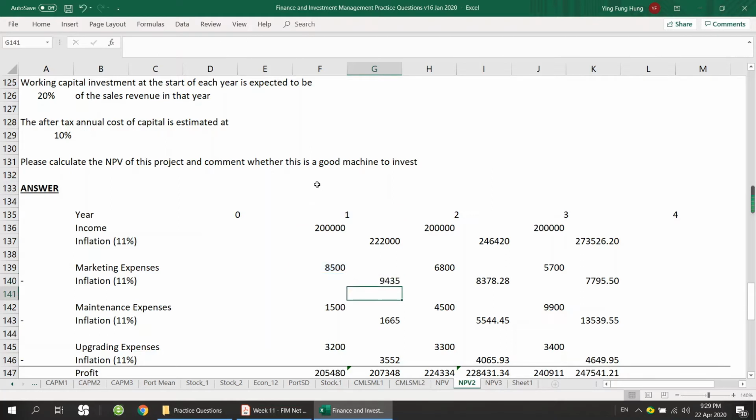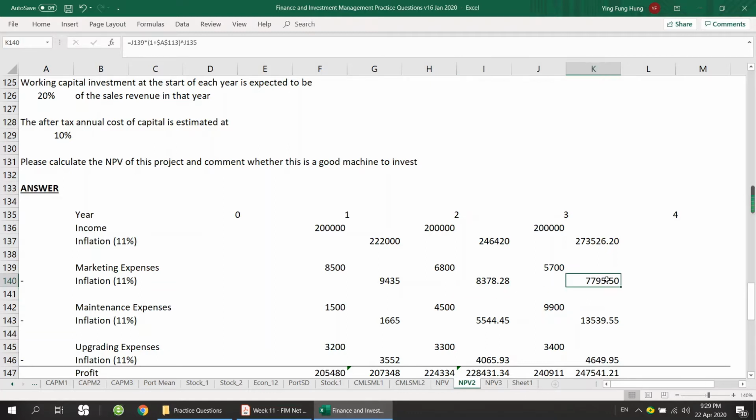This should give us an answer of 9.435 thousand. And in the second year, it's going to be this 6,800 multiplied by 1 plus 11% inflation rate in cell A113 raised to the second power in the cell H135. Then this should give us an answer of 8.3782 thousand.